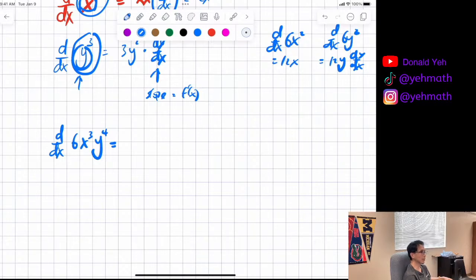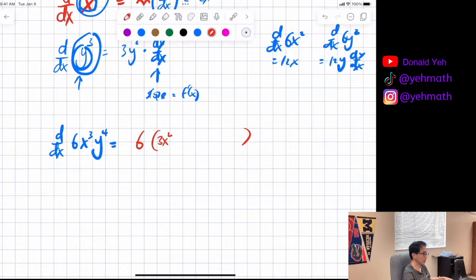Okay. So the first thing I would do is I take the 6 outside, I put a parenthesis. Why is 6 outside the parenthesis? Because that 6 doesn't matter there. And then I'll just do x cubed y to the 4th. How do I do product rule here? x cubed y to the 4th. I take a derivative of x first. So it'll be 3x squared.